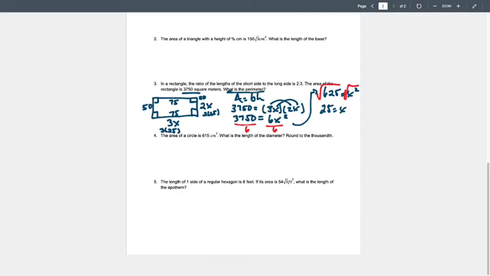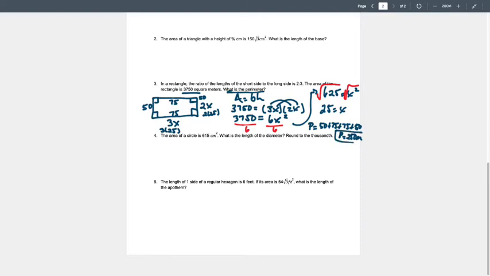So then when you find the perimeter, perimeter is going to be 50 plus 75 plus 75 plus 50, which when you add all those together, you get 250. So my perimeter is 250 meters.